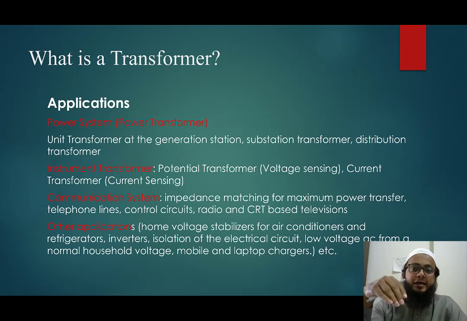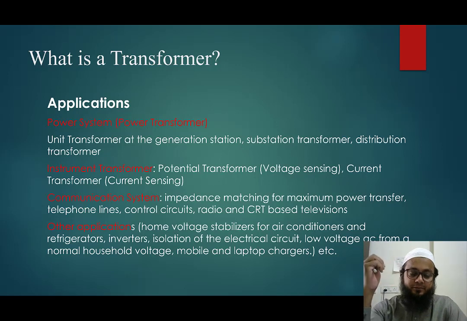In the localities we have the distribution transformer, where this voltage is brought down even further to a lower value which is generally used by us. That voltage is around 440 volts at the secondary side of it. So this transformer has a lot of applications.